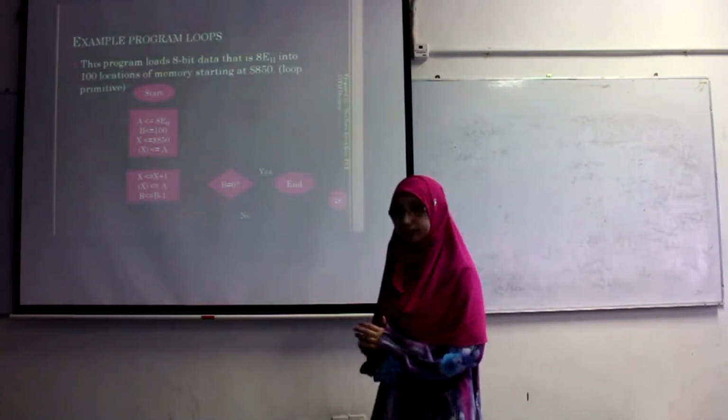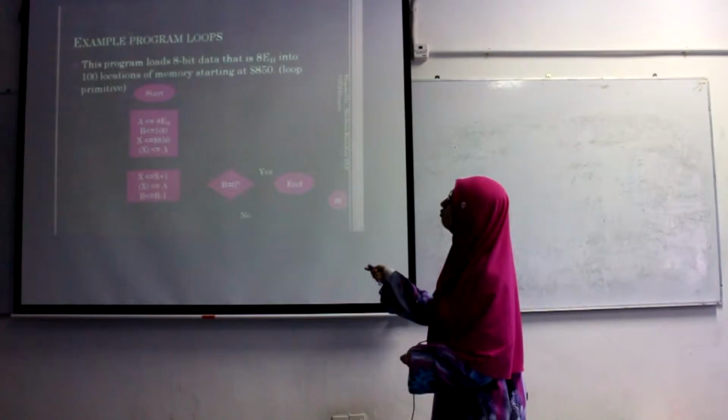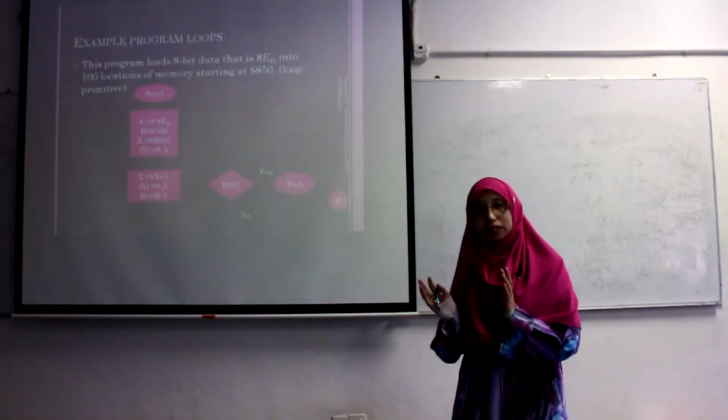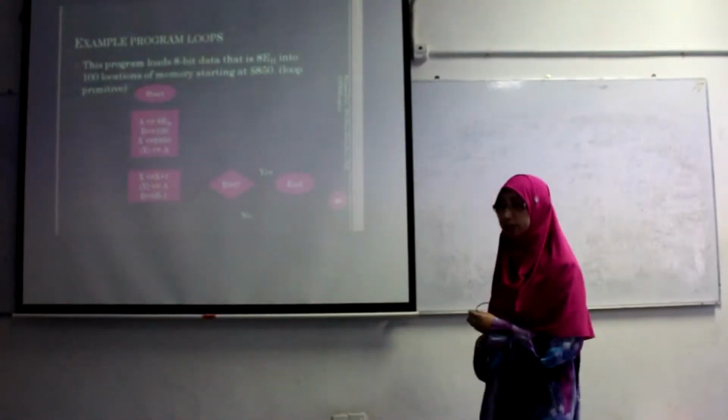Okay, for the first example of the program loops, we are using the simple branch, which uses the CCR as a condition.